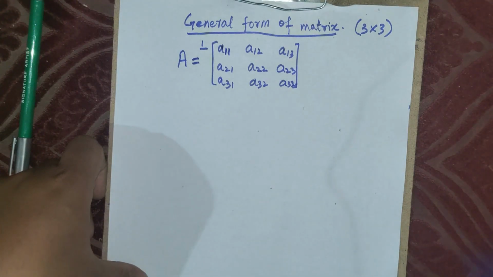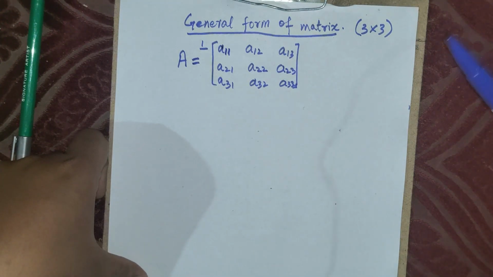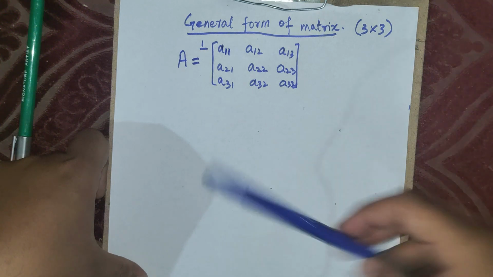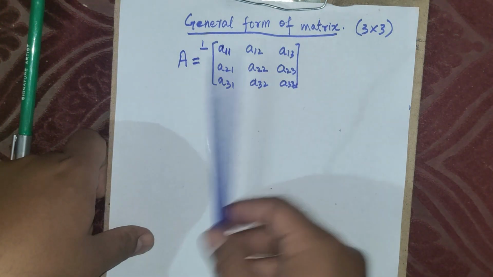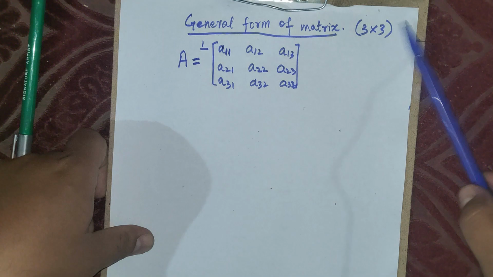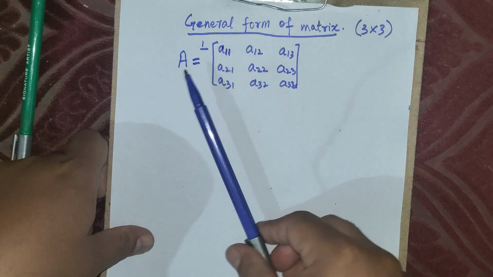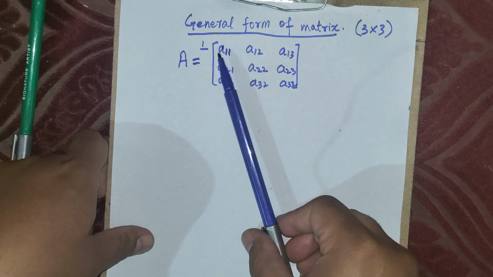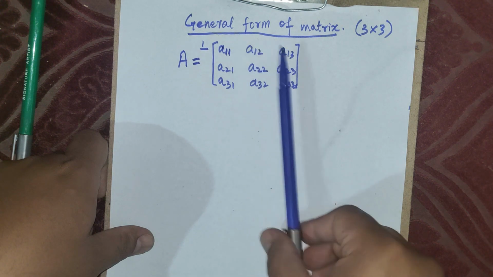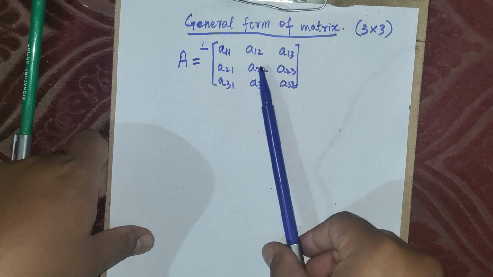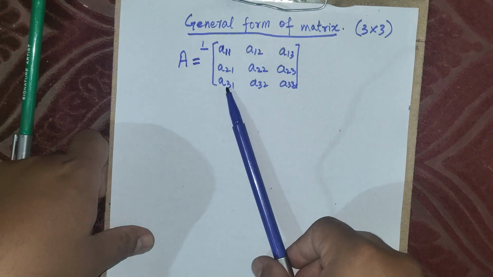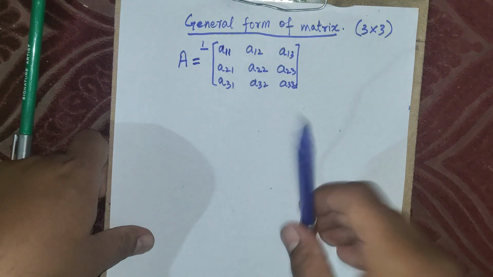Now before discussing other types of matrices, let's look at the general form of a matrix, and this is basically a general form of a 3 by 3 matrix. Let's suppose a matrix A is equal to A11, A12, A13, A21, A22, A23, A31, A32 and A33.